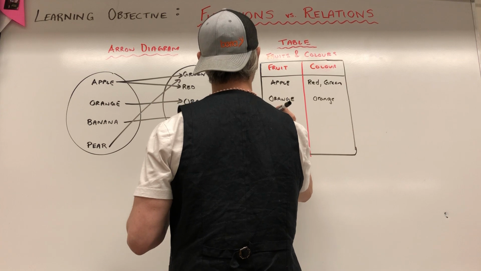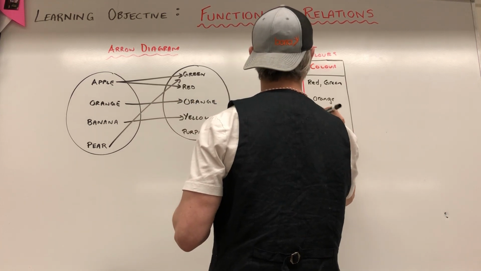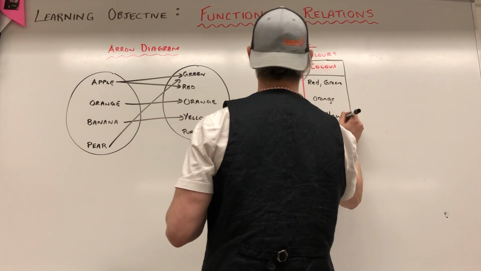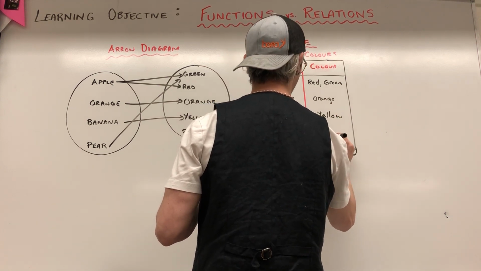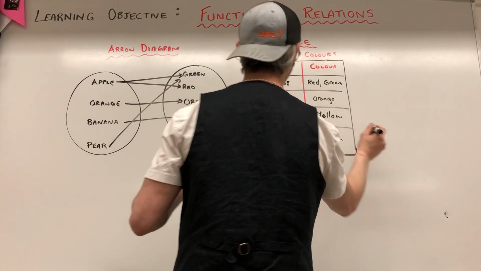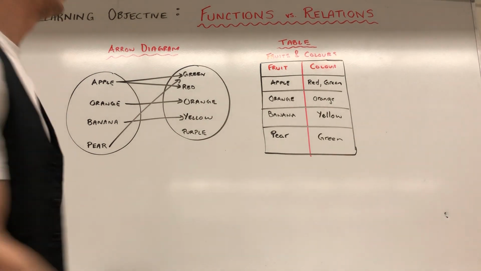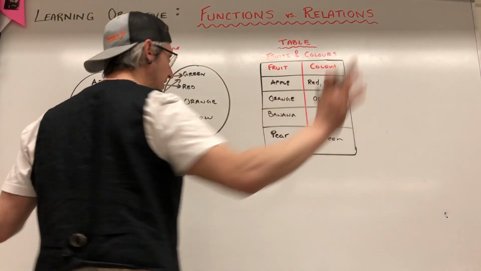For banana, I would have yellow. And pear, I would have green. There's my table, and now I basically just read across. Apple is red or green, orange is orange.